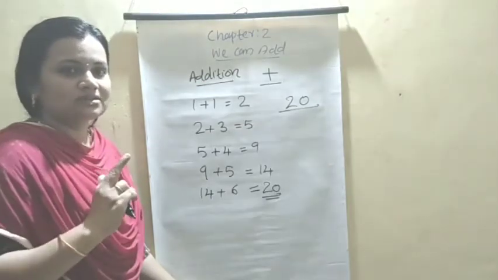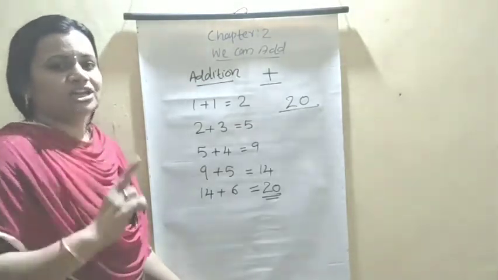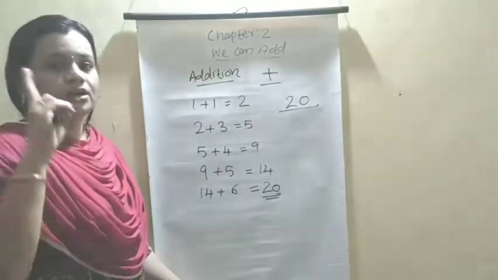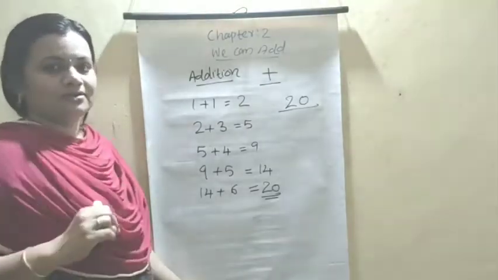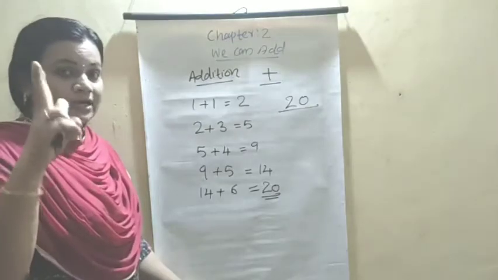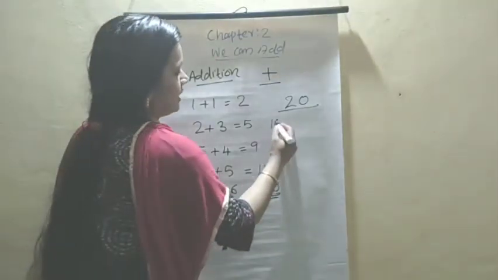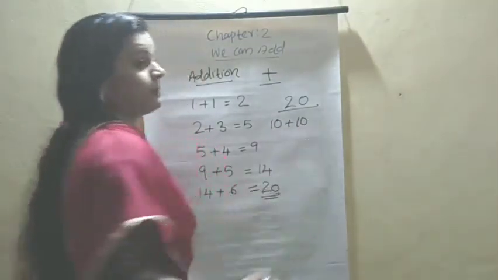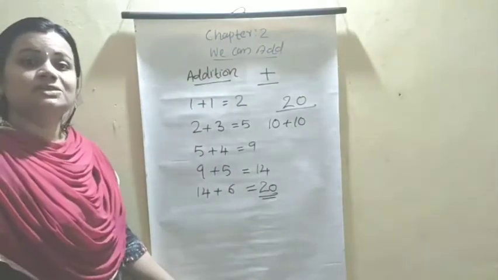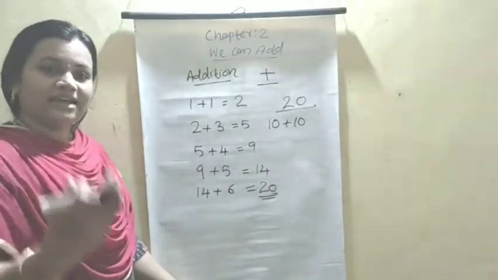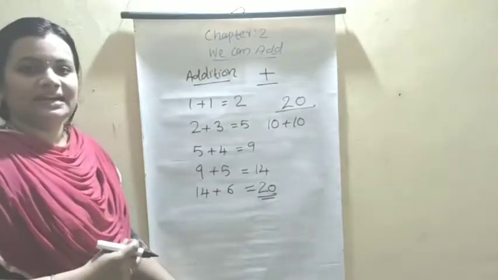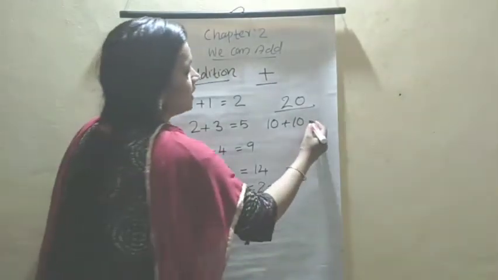One child has two 10 rupee notes. What is the total amount? 10 plus 10. What is the answer? 10 plus 10 is equal to what?